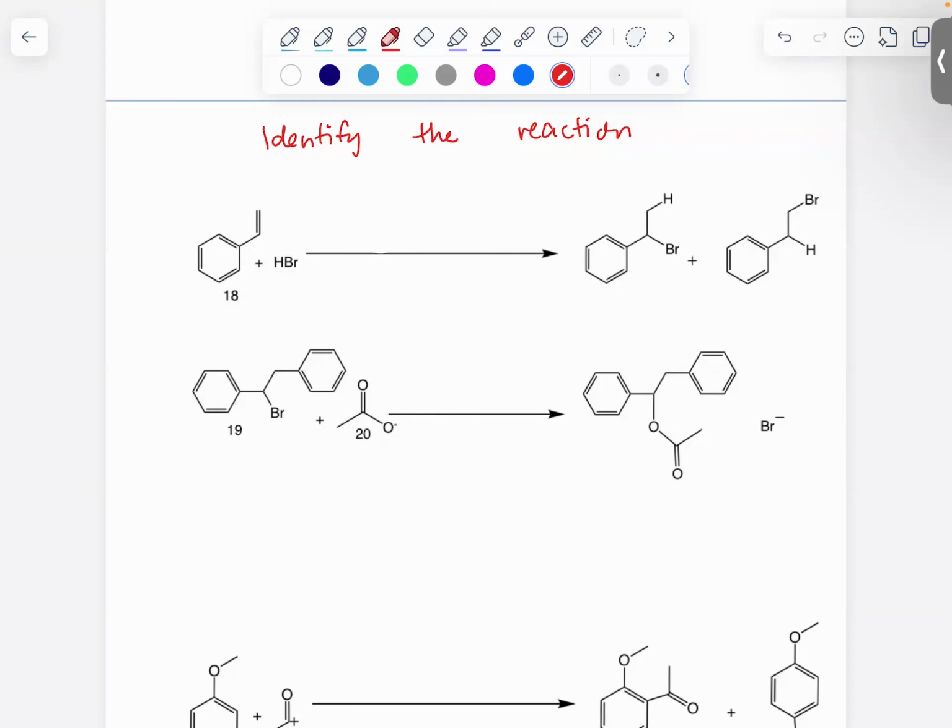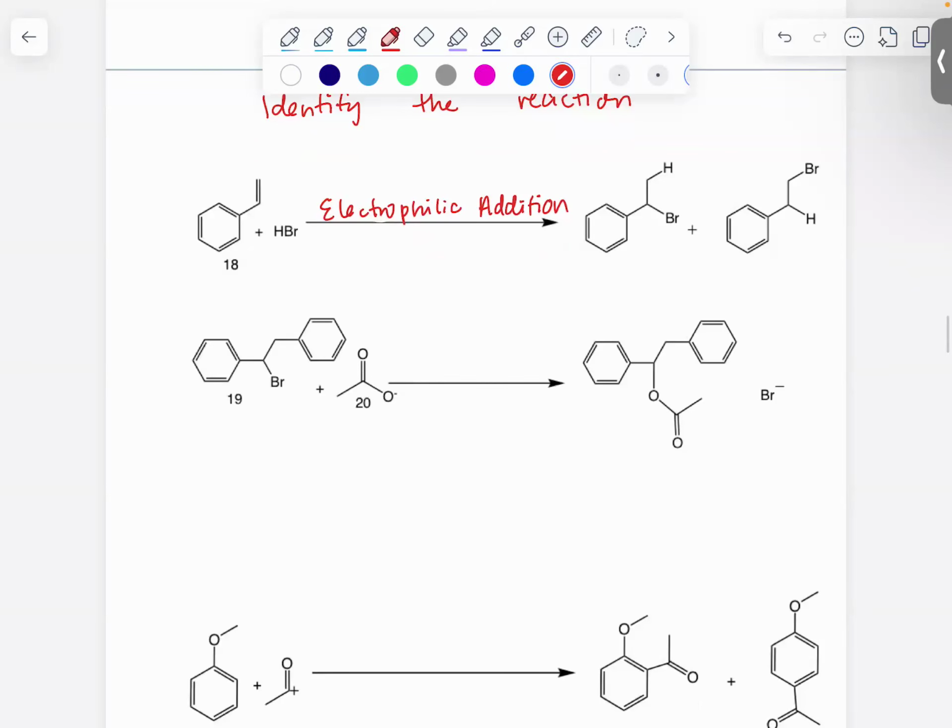I'm hearing whispers of the correct word. Electrophilic addition. Cool. What about the next one? Because you've only learned electrophilic addition. And if you want to get real specific, alkene.